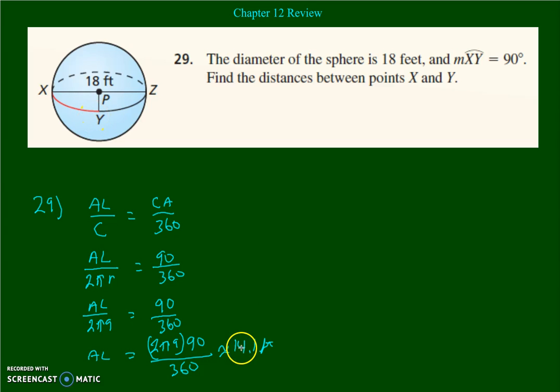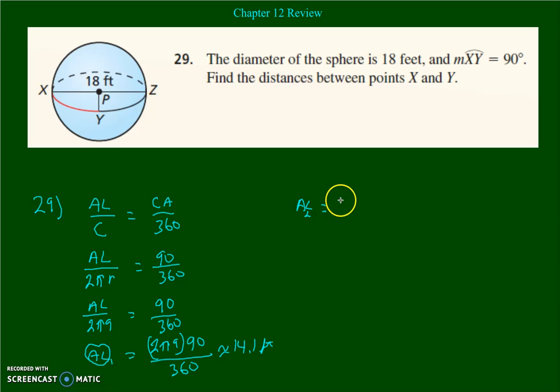The first one is this arc length, and we would be wise to go ahead and store this value in our calculator because we're going to need it to find the distance going in this direction around the sphere, around that great circle. And the way we do that, we'll call this arc length 1, and arc length 2 is going to be equal to the circumference minus the arc length we just found.